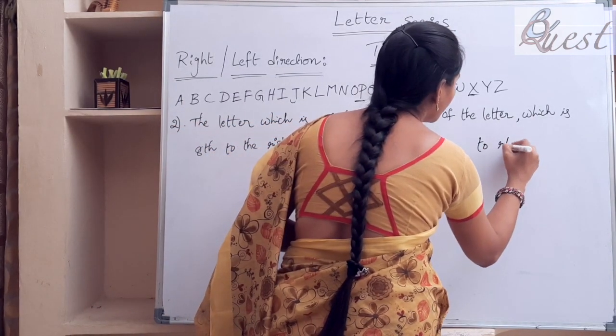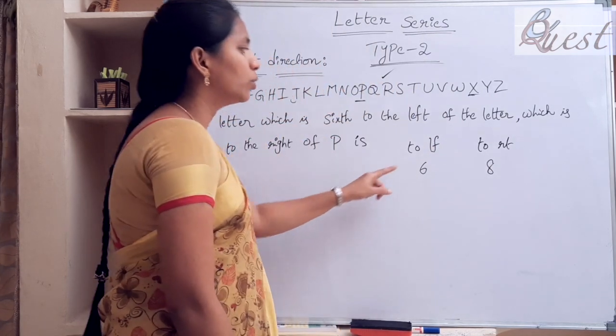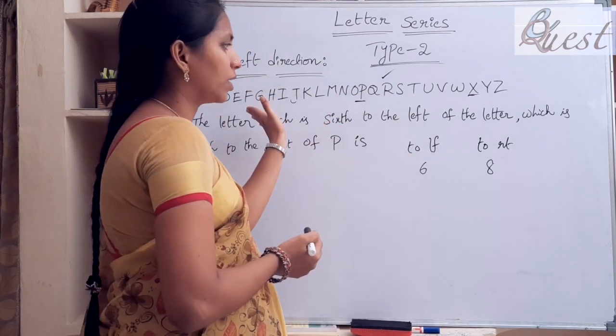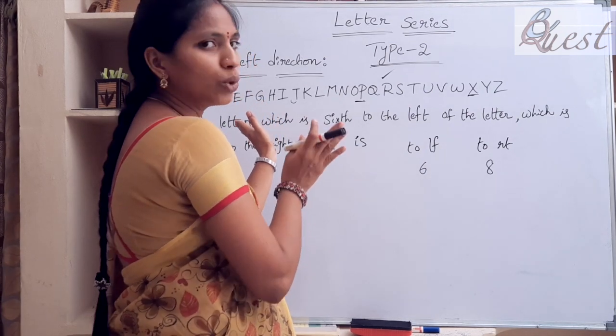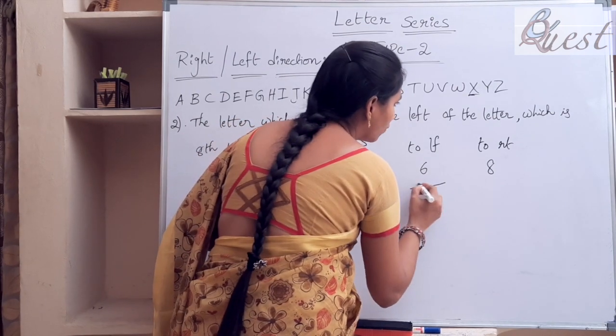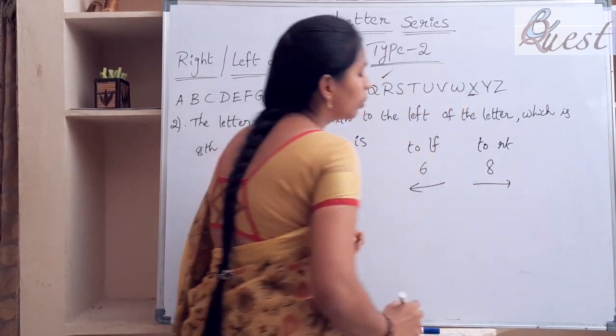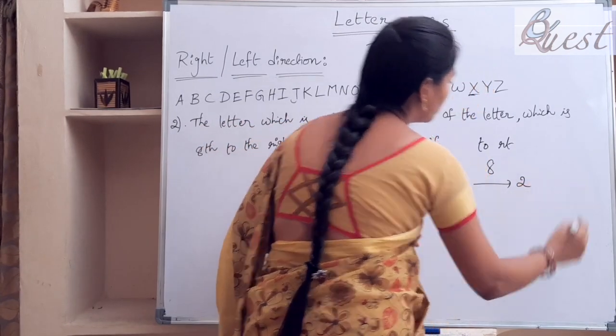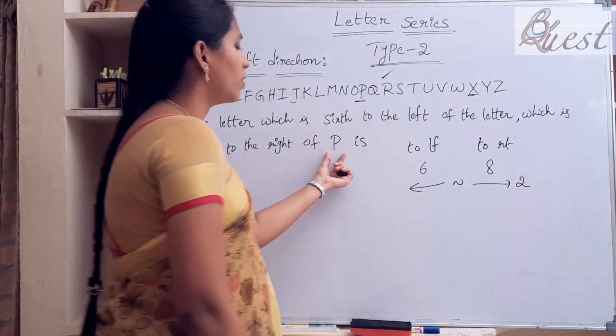To right, 8th to the right. See, 2 left means this direction, and 2 right means this direction. Both are opposite. So take the difference. What is the difference? 2.